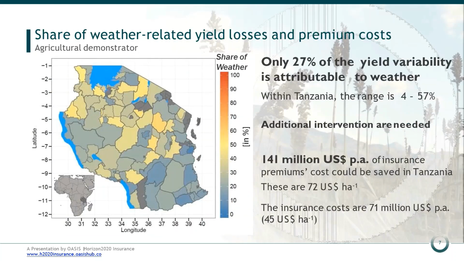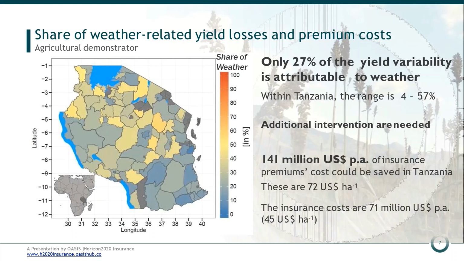So we tried to figure out what is the share of weather and what is the share of management, and here it turned out that only about a third, approximately over entire Tanzania, of the year-to-year variability is attributable to weather.